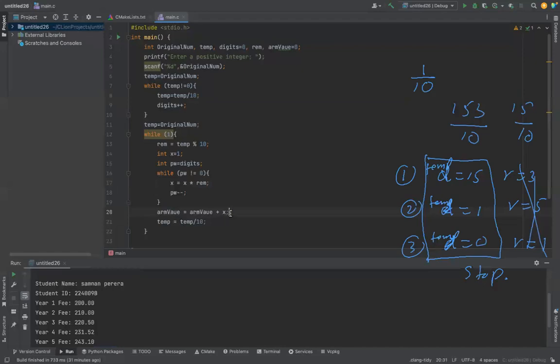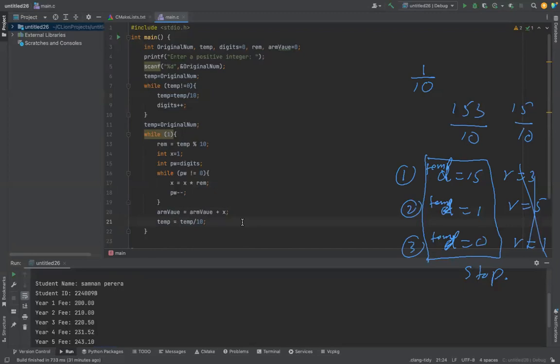We put it to the x variable. After that, you can divide it by 10. Then you can go to 15. Once the temp is 15, the remainder is 5. Then again you calculate 5 into 5 into 5. That means 125. That 125 will be added to the existing 3 into 3 into 3 value.